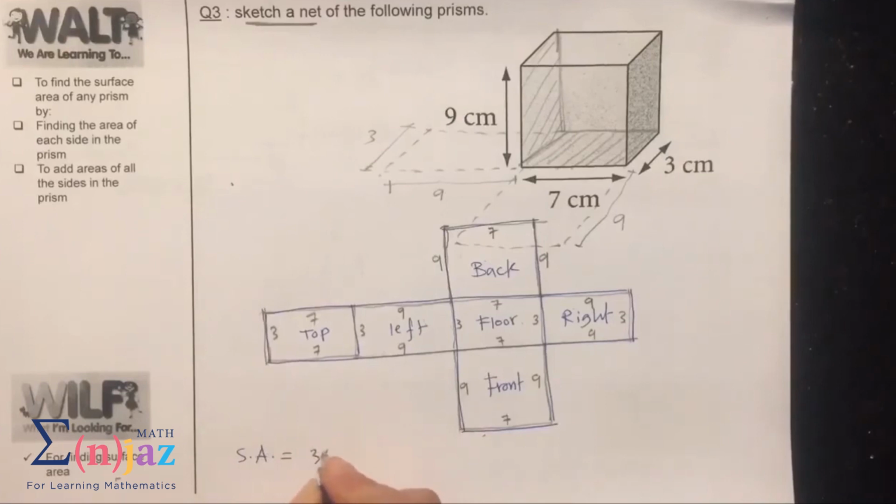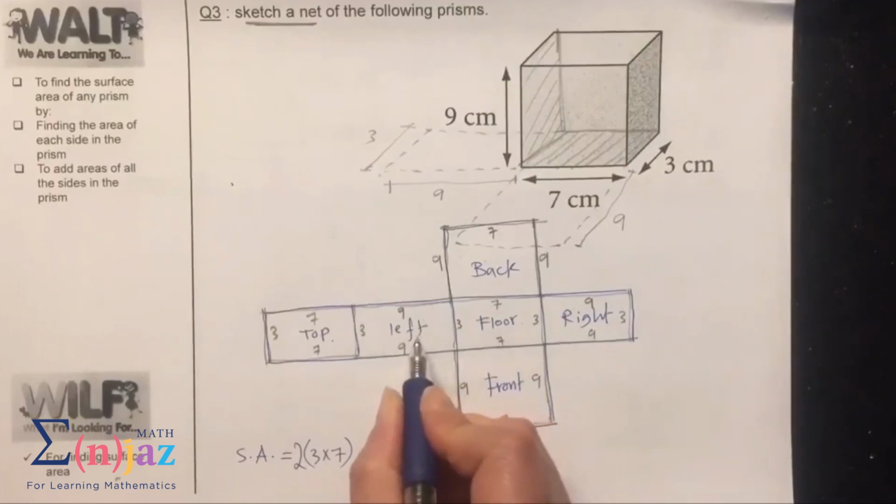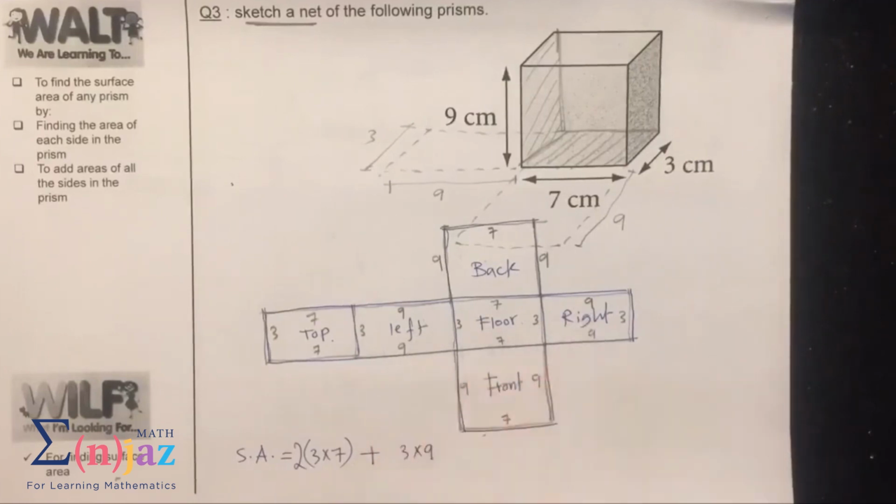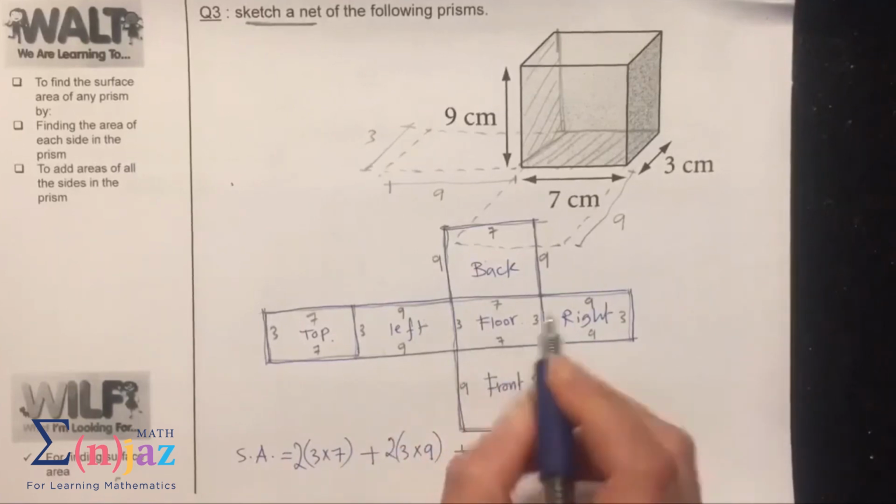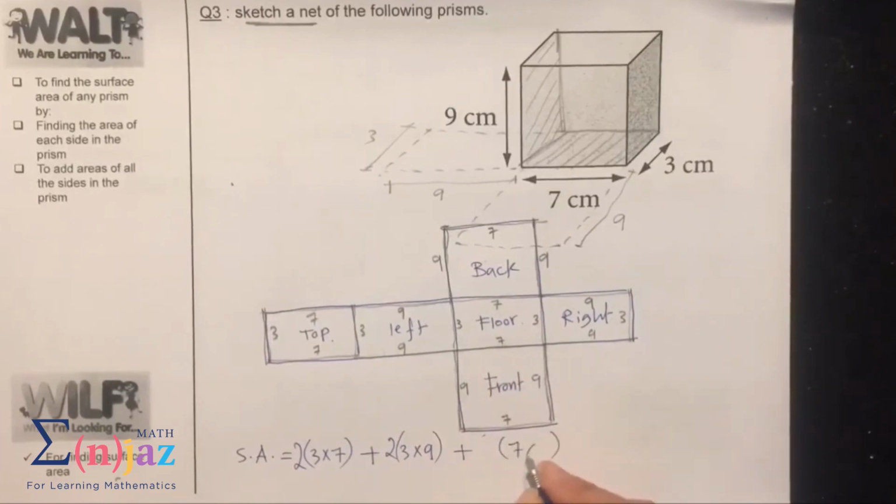It's 3 times 7. And I have 2 pieces of it, so times 2, plus. What is the size of this piece? It's 3 times 9, and I have 2 pieces of it, so times 2. Plus, what is the area of this piece? It's 7 times 9, and I have 2 pieces of it.